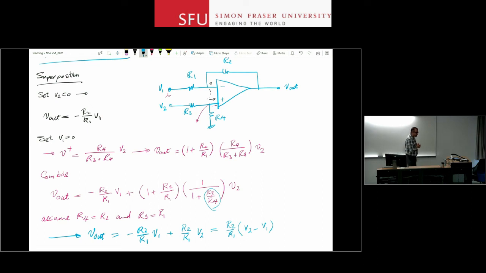And in cases like that, there is a challenge, there is a difficulty here. Because for V1, the input resistance is R1. For V2, the input resistance is R3 plus R4. Or if you use the R3 and R4 that are equal to R1 and R2, then for V1, the input resistance is R1. For V2, the input resistance is R1 plus R2.